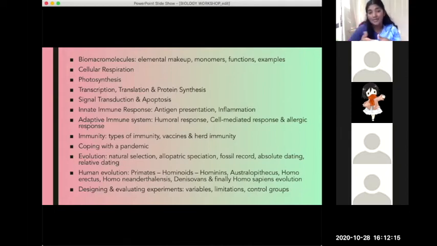Proteins, I think, are a big one because protein synthesis is also massively tested for you guys as well. So things like transcription, translation, signal transduction, which obviously relates to that as well. Lac operon, I think knowing the lac operon is very important here as well. But yeah, these are obviously the big ones. In terms of human evolution, I think you don't need to know to a very deep extent about each species.